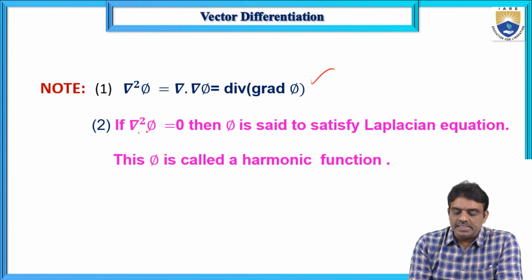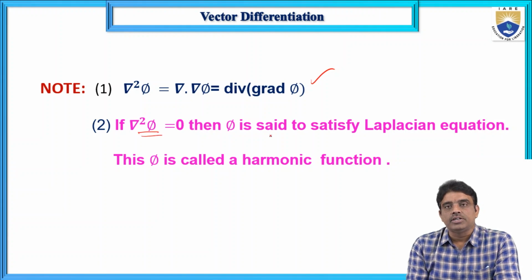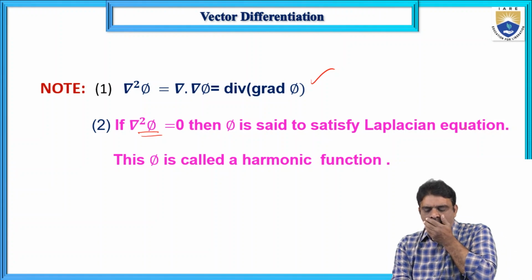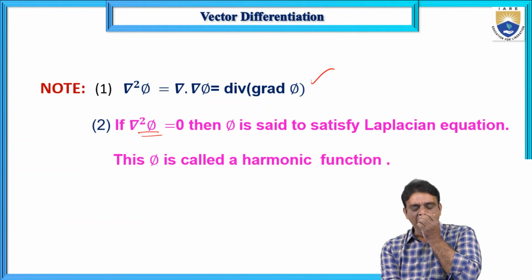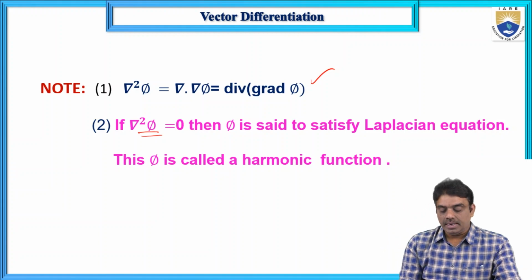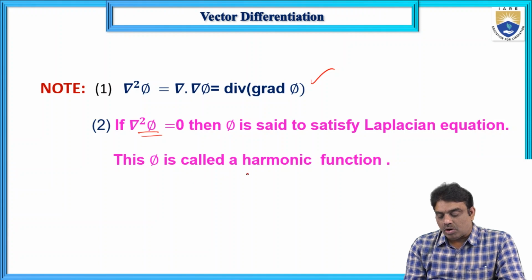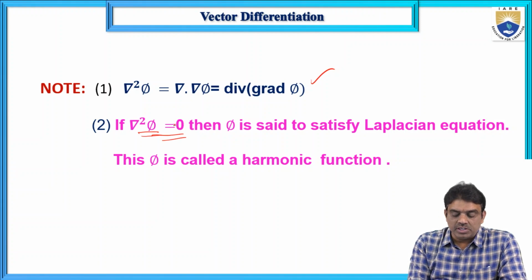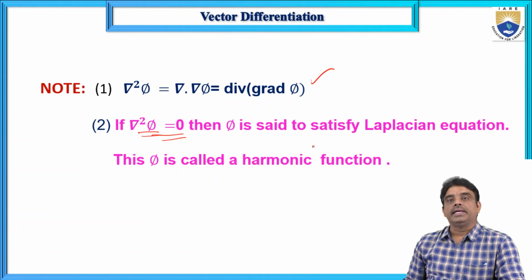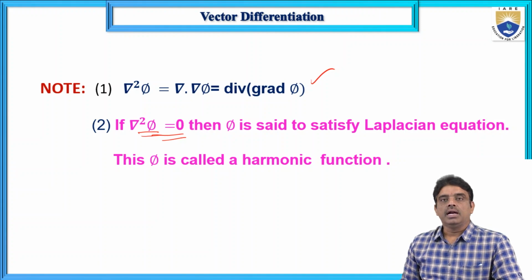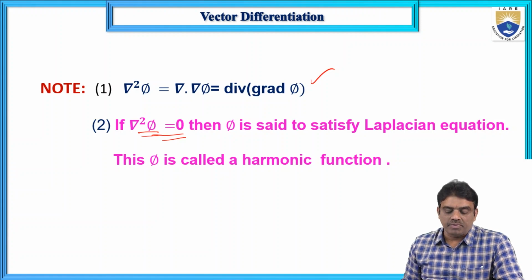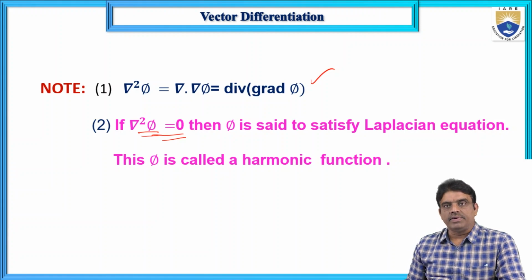Suppose del square phi is equal to 0, and clearly it is a scalar value. Then phi is said to satisfy the Laplacian equation, and in this case phi is called a harmonic function. So del square phi is used to calculate the divergence of grad phi.